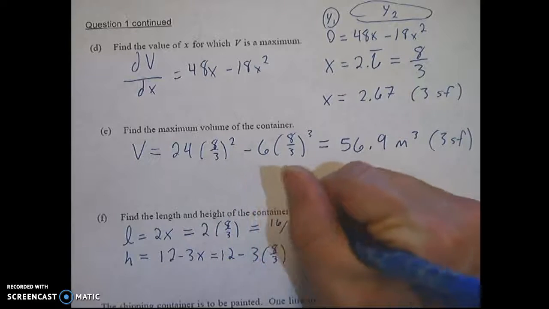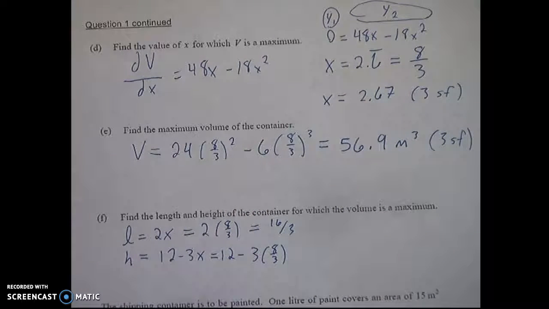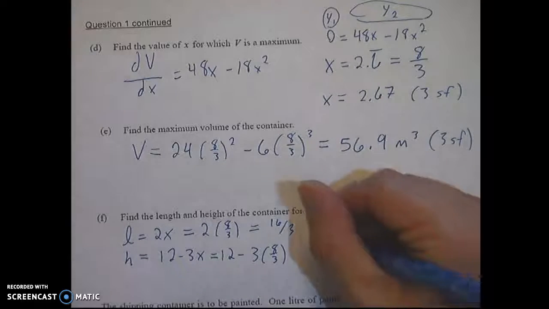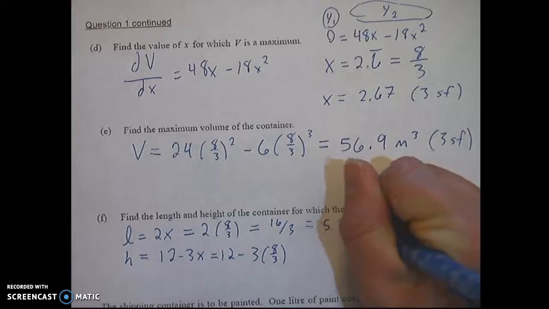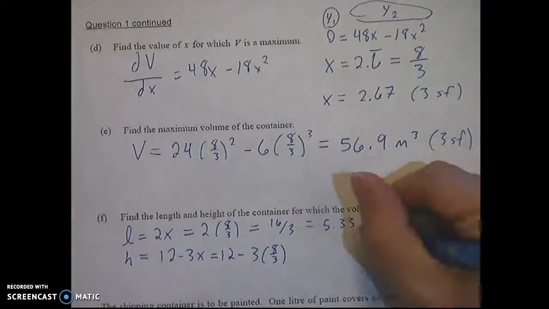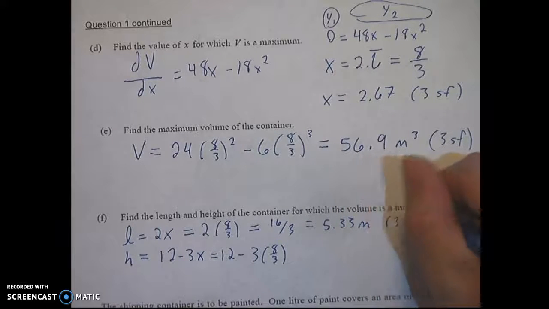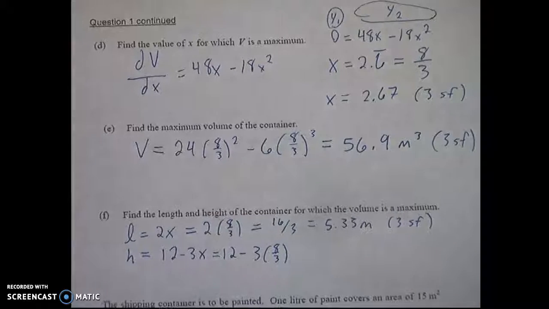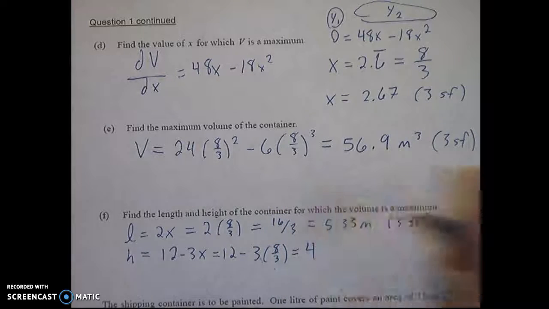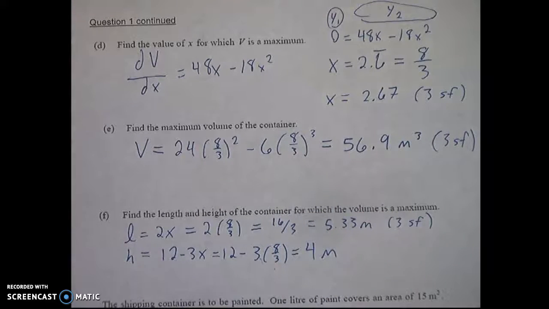This would be 16 over 3, and to 3 significant figures, that is 5.33 meters. And 3 times 8 over 3 is just 8. 12 minus 8 is 4 meters.